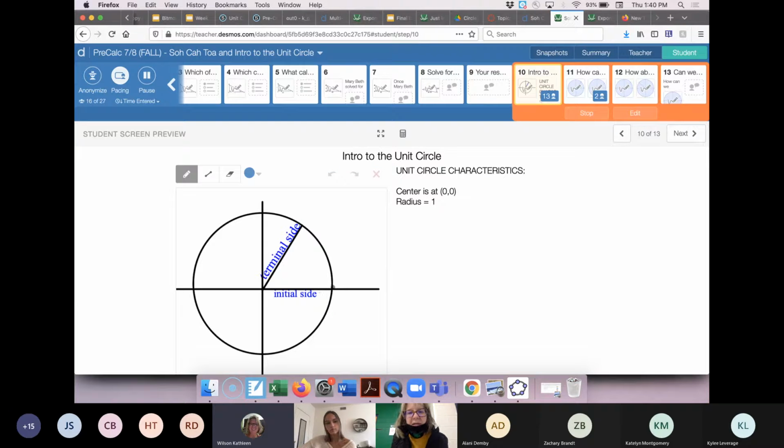So it's called the initial side, and then wherever you end is called the terminal side, or where it terminates. So this angle starting right here and ending wherever it ends, it's called an angle of rotation. And it always goes in this direction. It always starts at the same spot.